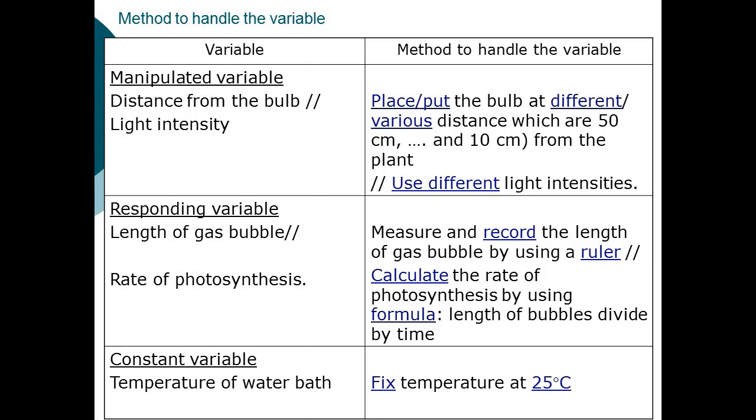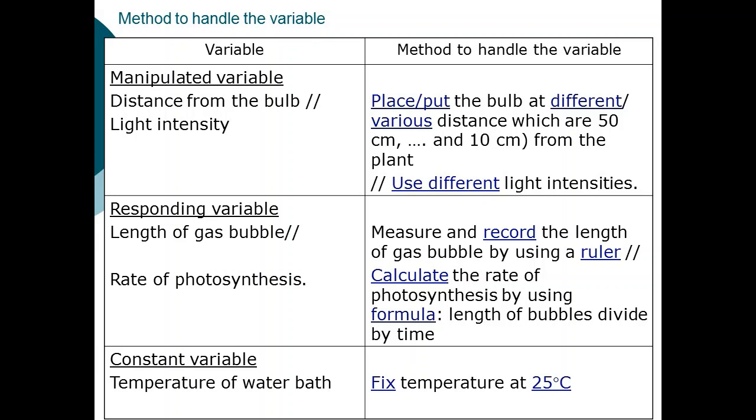Here is the answers. For the MV, place or put the bulb at different distance, which are 50 cm and so on from the plant, or use different light intensity.